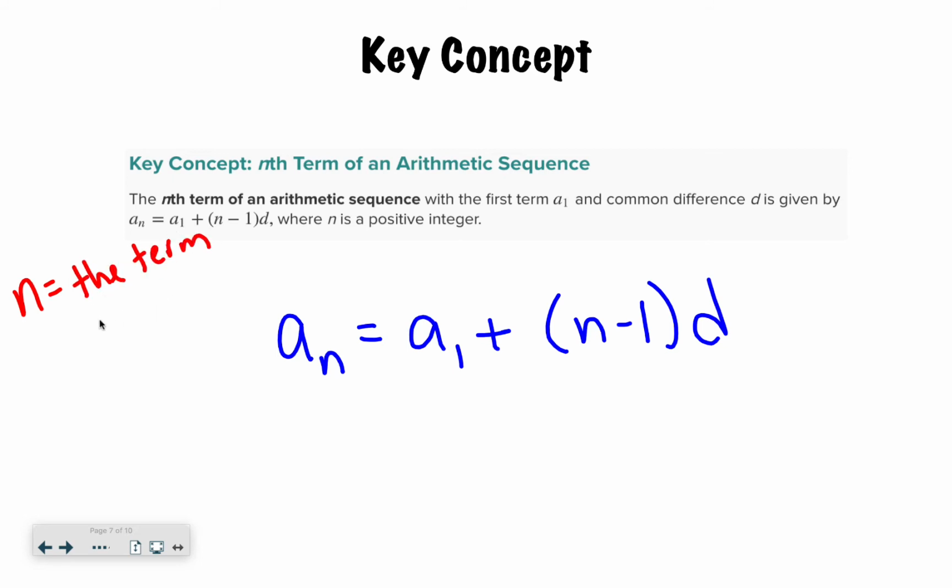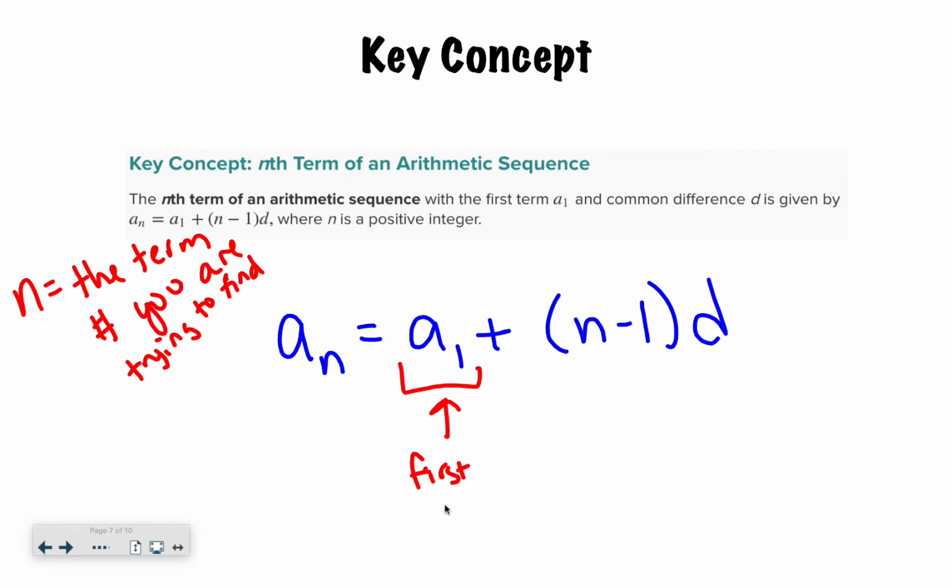So if I'm trying to find the 100th term, n would be 100. And if I have a subscript 1, that means the first term. So what was the first number listed in that sequence? And then d is your common difference.